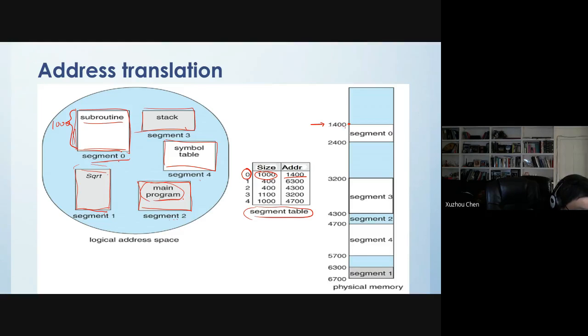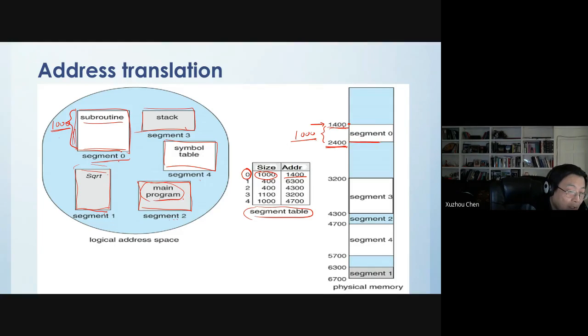Now, how much memory space is it going to take? It's going to take 1000, because that's the size of the subroutine. So based on the starting memory address and the size, can I determine the end memory address? Starting from 1400, the size is 1000, so the last memory address for this subroutine is 1400 plus the size, which is 2400.